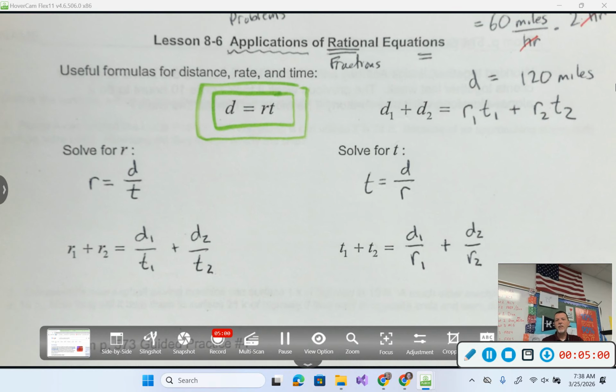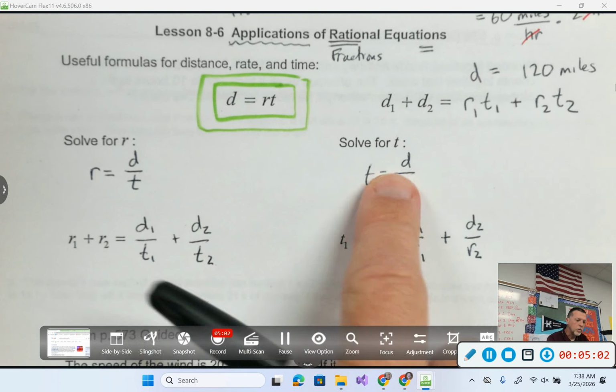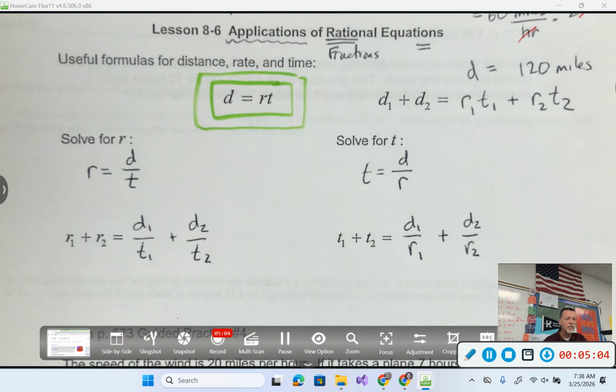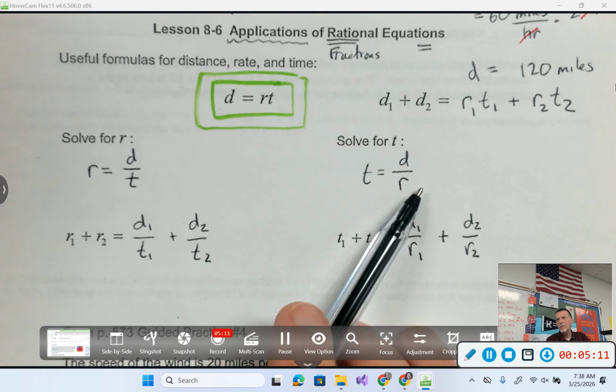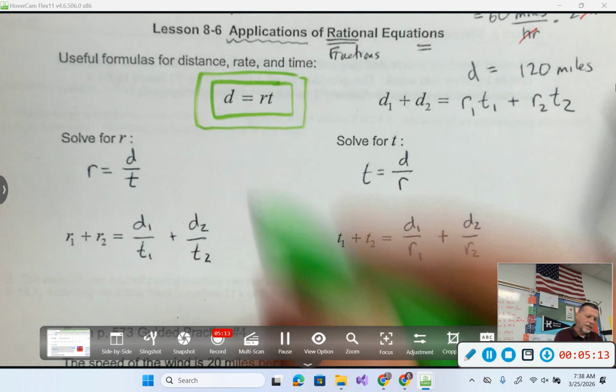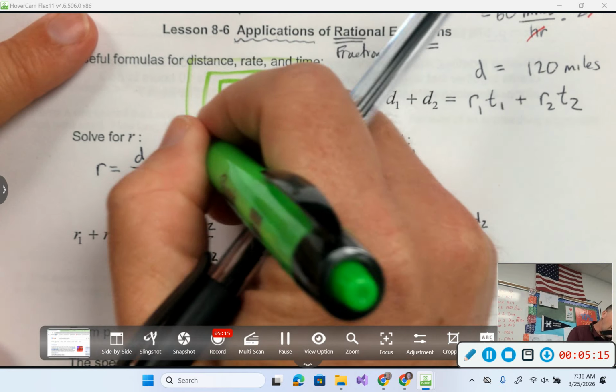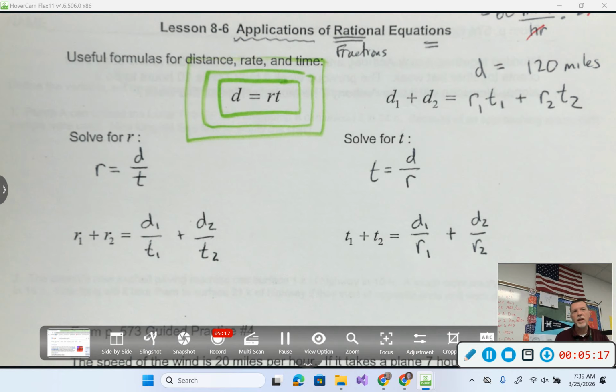It makes students think, oh my gosh, there's 1, 2, 3, 4, 5, 6 equations to know. Like, no, there's not 6 equations to know. There's 1 equation to know. And we can rearrange it however we need to. So this is the big deal. Everything else comes from that. So distance equals rate times time, and then arrange it how you need to.